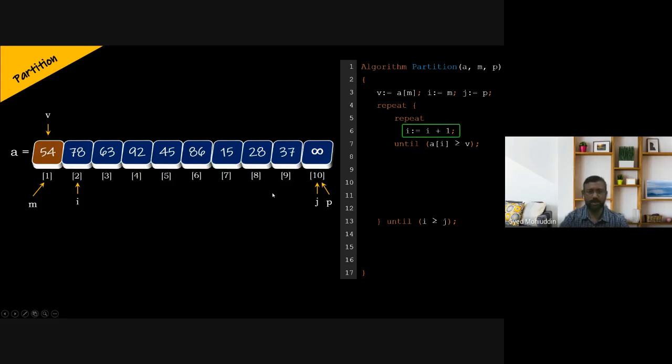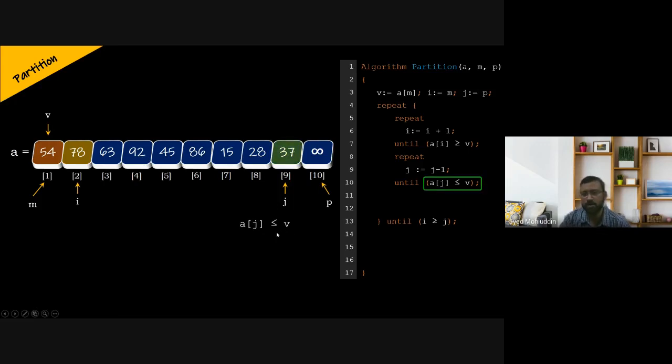So we will decrement j, using j equal to j minus 1, and this is done until A of j is less than or equal to V. That is the condition we have seen.